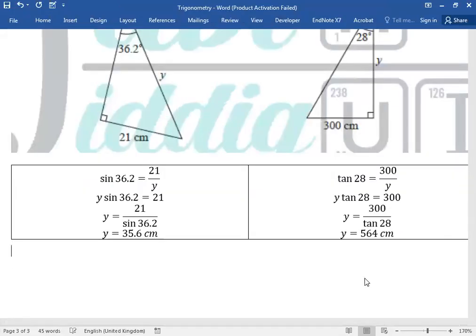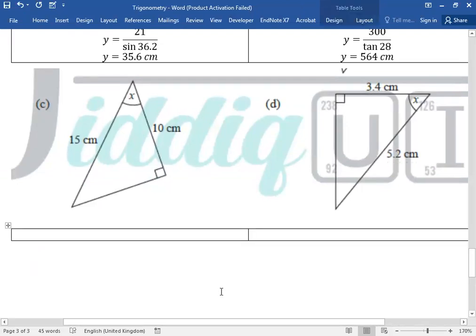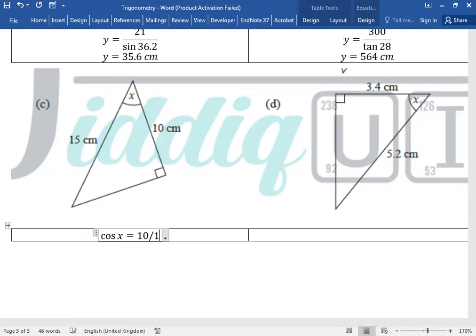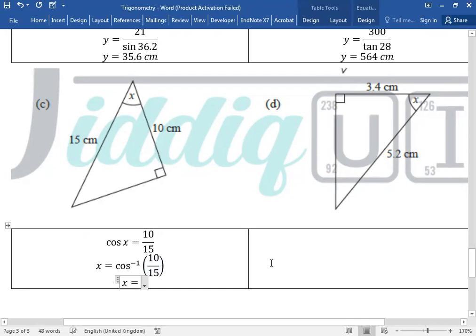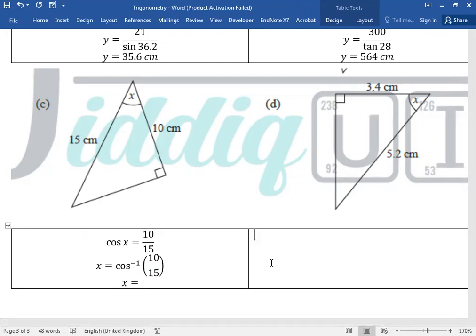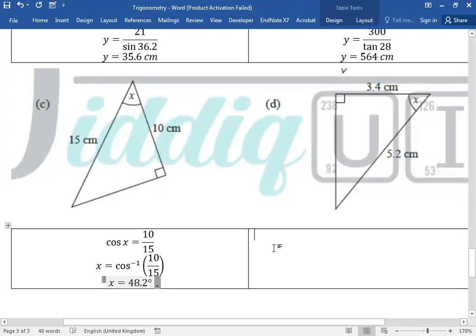Let's do a couple more questions. Yes, class. Cos, okay. Cos x is adjacent 10 upon 15. So x is cos inverse of 10 upon 15. What is the value of x that you get? 48.18. I'll have to write it as 48.2, right? Remember, I'm trusting you with the values. I'm not figuring out every value on my own.